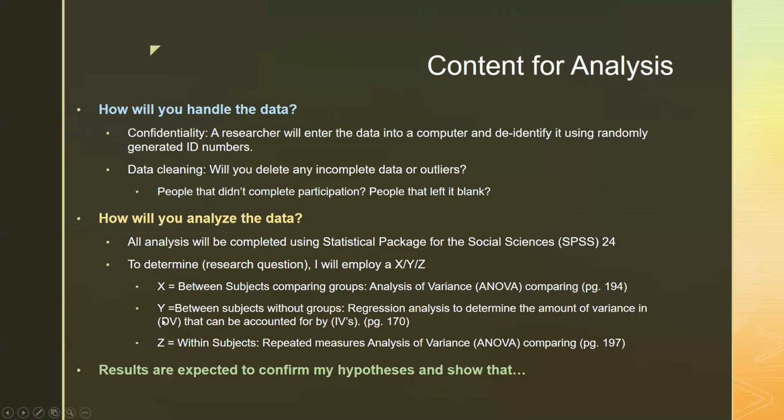To determine the amount of variance in postpartum depression rate that can be accounted for by your independent variables. So in this example, race. Okay, and so if I were to plug in all of the specifics from that example, let's say to determine if the risk for postpartum depression is different across Black and white mothers, I will employ a regression analysis to determine the amount of variance in postpartum depression rates that can be accounted for by race.